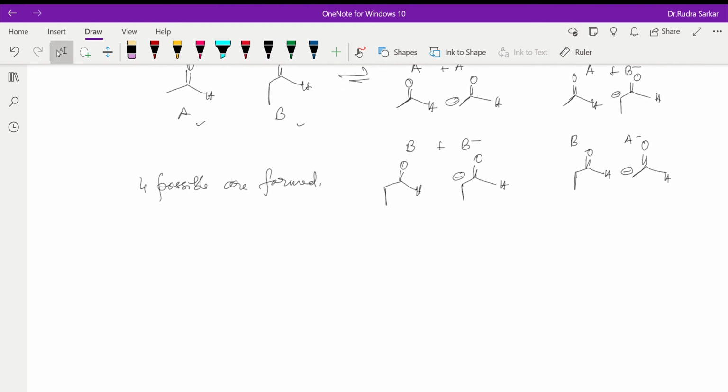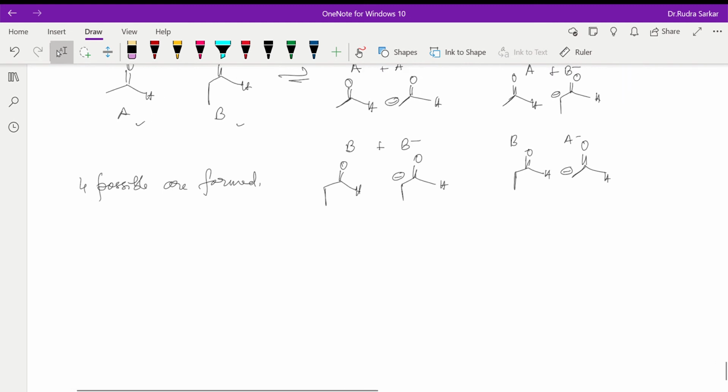So this reaction is basically of no utility. Only for exam purpose we are doing it, but for research or for synthesis, this is not very good.